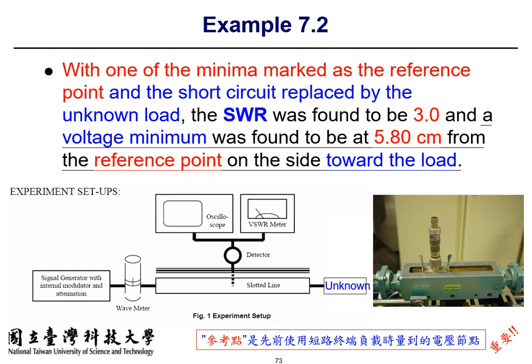Because we know that this place is separated from the load location by half a wavelength, or one wavelength, or 1.5 wavelengths. Anyway, it's a multiple of the half wavelengths. So the next step is to replace the short with your unknown load, ZR.